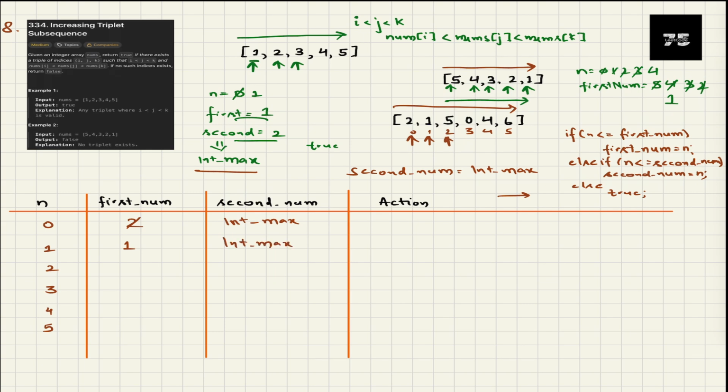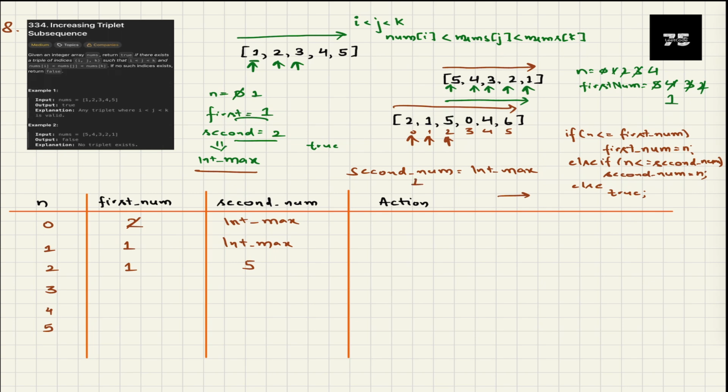Okay, so now here my first num was 1, and 5 was not less than 1, so it remains as it is. Now my second num is int max. Is my 5 less than int max? Yes, it is. So my second num will be assigned to that. Now you can see that we have found two numbers in increasing order, right?